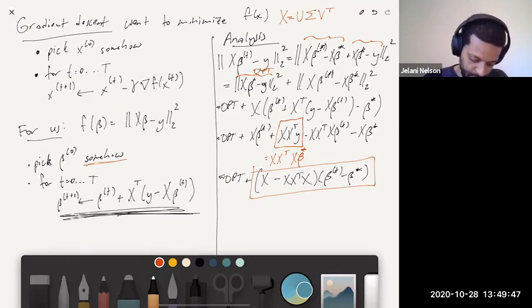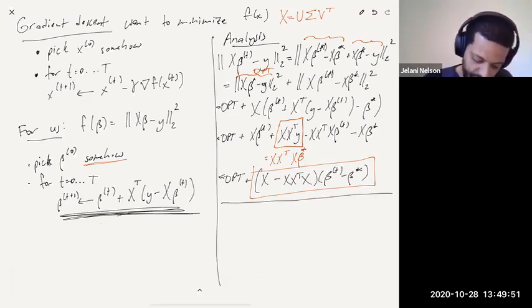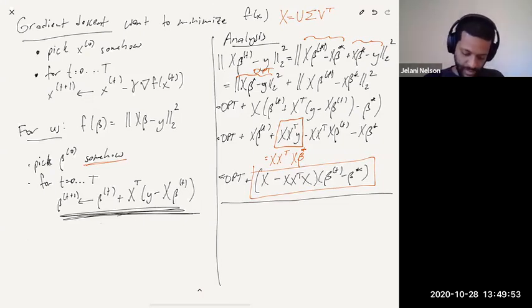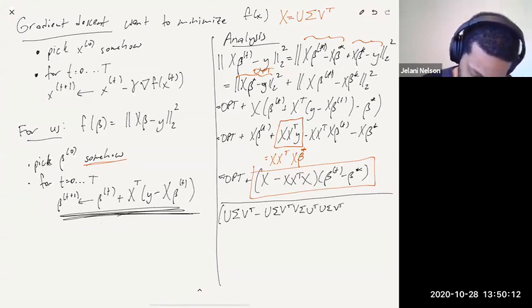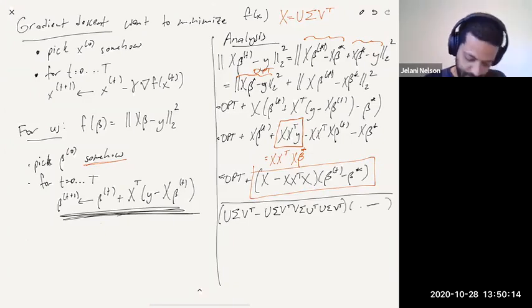Okay, so now let's try to understand what's going on here. So we have U sigma V transpose minus U sigma V transpose V sigma U transpose U sigma V transpose times that thing.